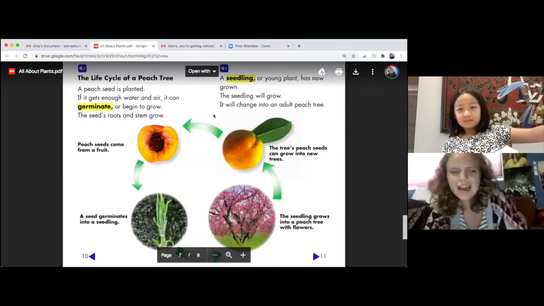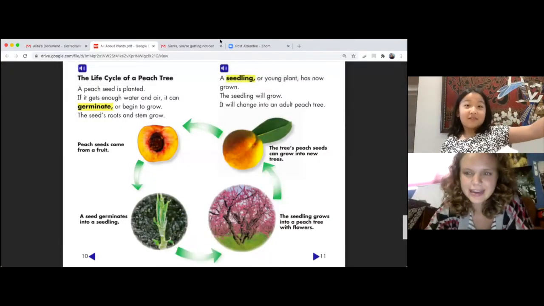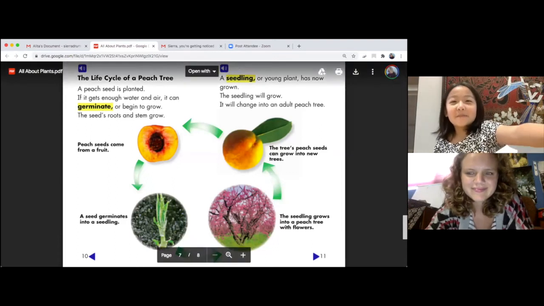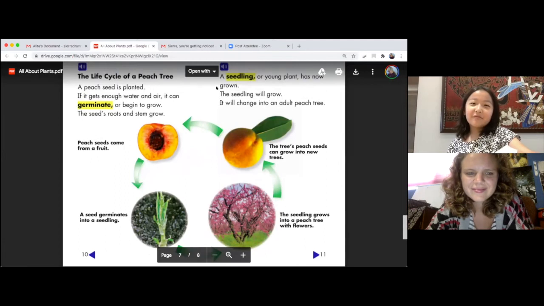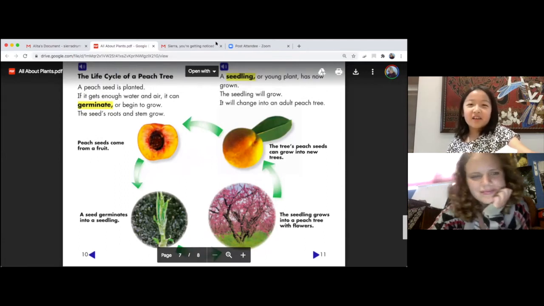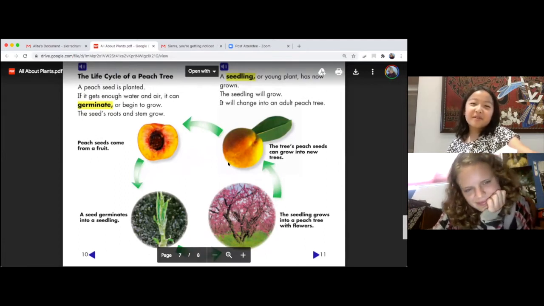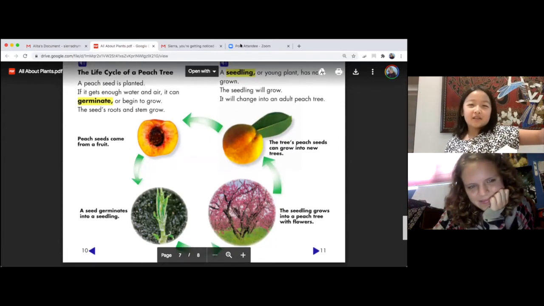Can I share a screen? There it is. Okay. Can you see it? All right. Yeah, the peach seed is planted. If it gets enough water and air, it can germinate or begin to grow. The seed, root, and stem grow.